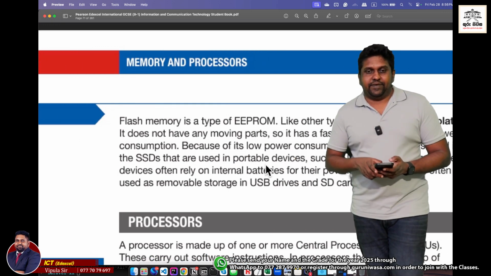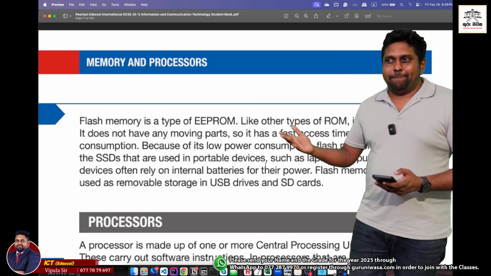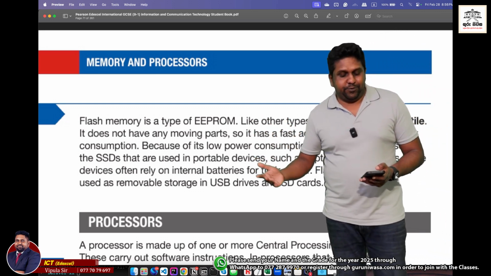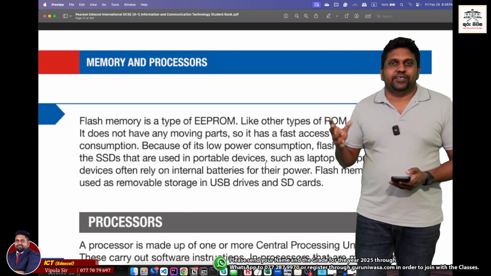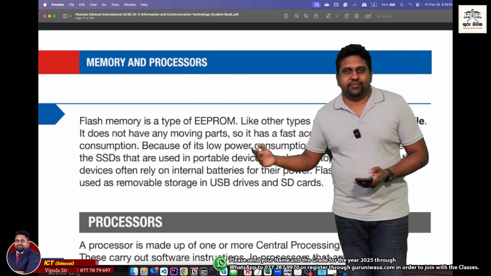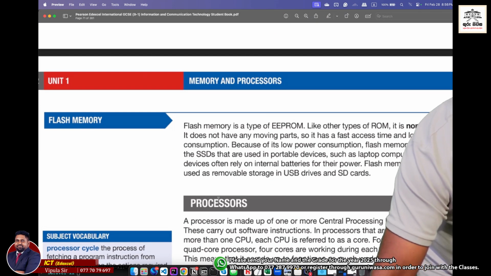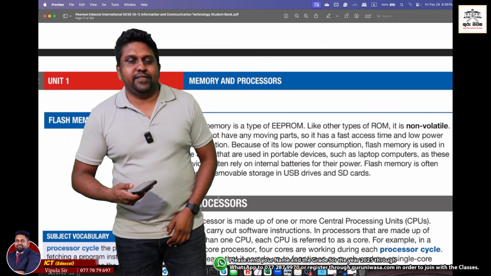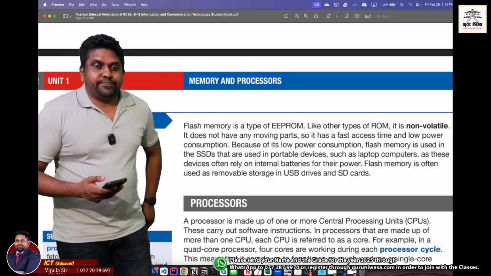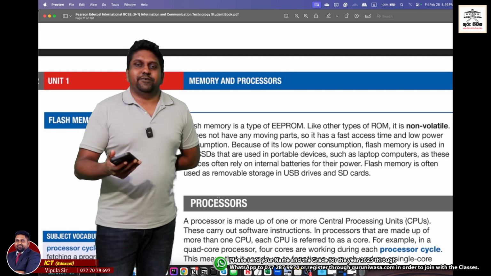Then we talk about the third point, flash memory. Flash memory is the savior now, right? Back then, when we used hard disks and spin disks, everything was really slow. Then we got into this age where we got introduced to flash memories, which are extremely fast storage devices where we can store data easily.